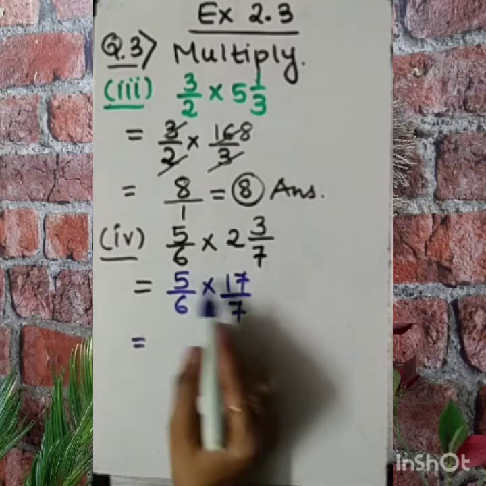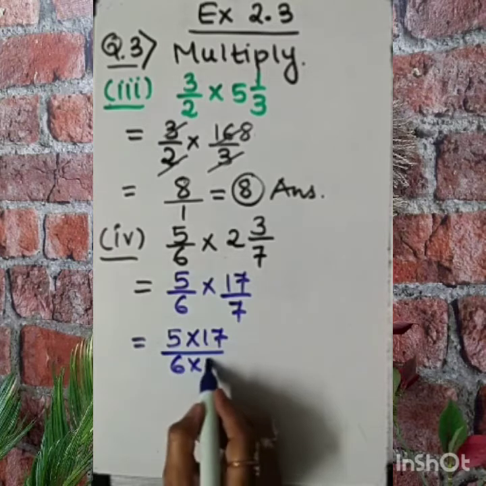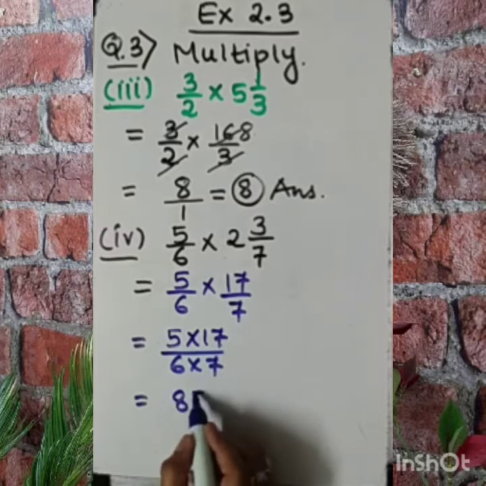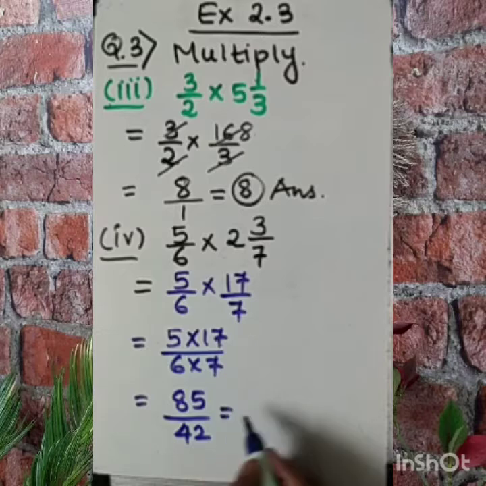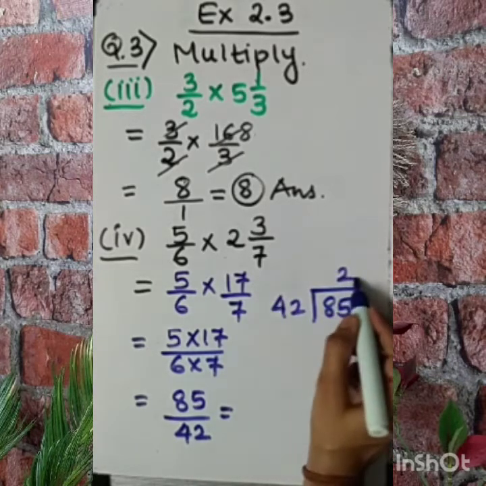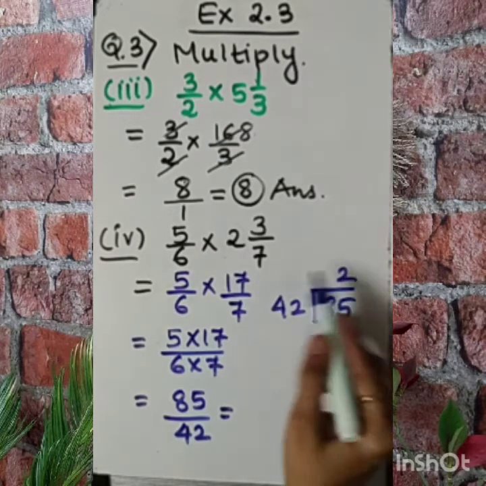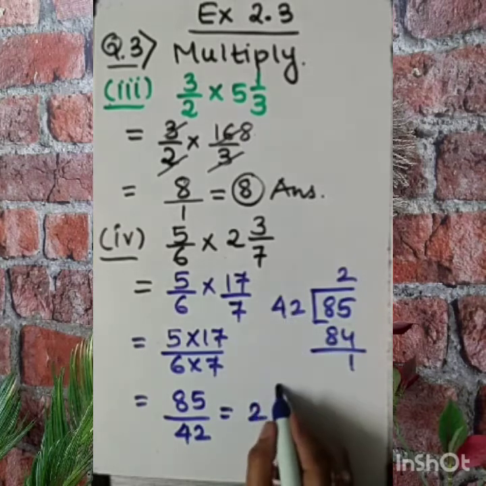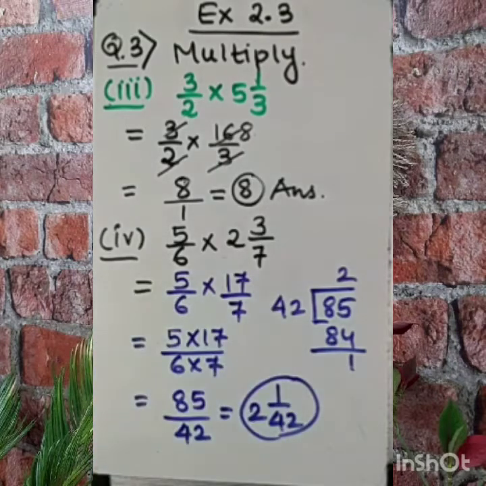We need to multiply 5 into 17 and 6 into 7 in the denominator. 17 5s are 85, and 6 7s are 42. So let me divide 85 by 42 in my rough column. We know 42 2s are 84, and 1 remainder. So according to this simplification, the answer is 2 1 by 42. So this is the solution for the fourth part. Easy?